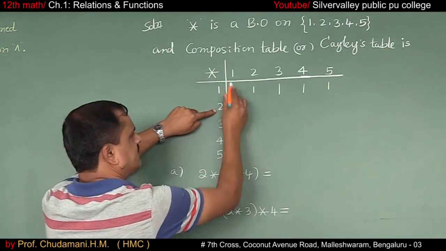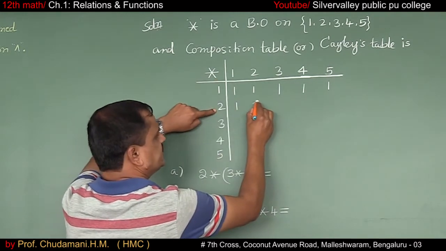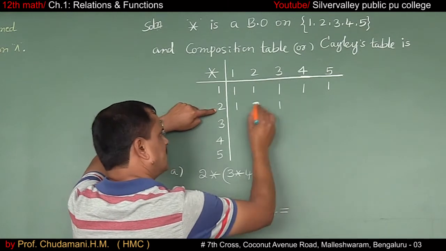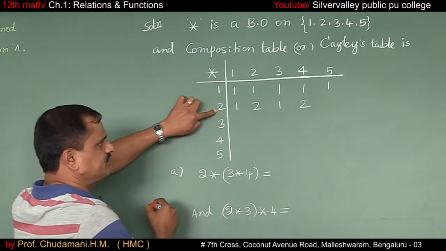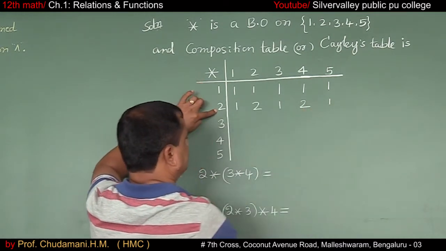Highest common factor of 2 and 1 is 1. 2 and 2 is 2. Highest common factor of 2 and 3 is 1. Highest common factor of 2 and 4 is 2. 2 and 5 is 1.